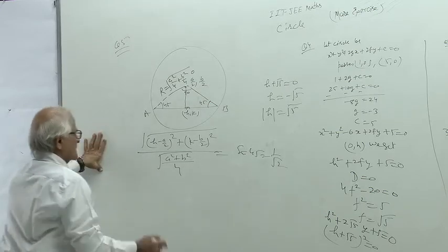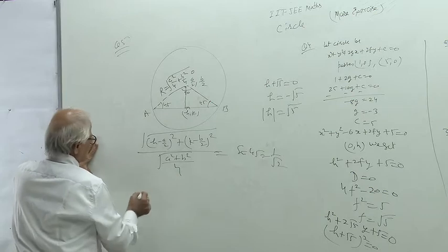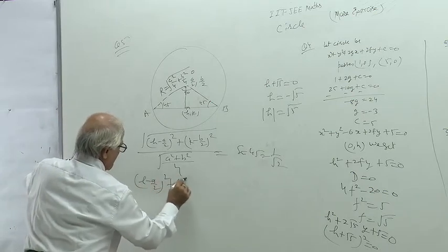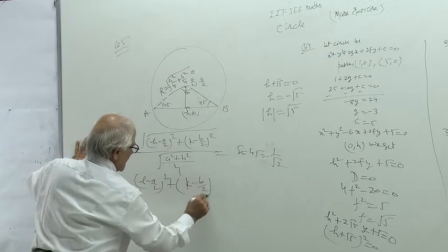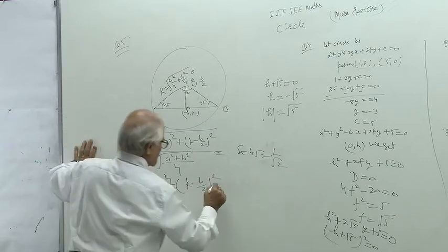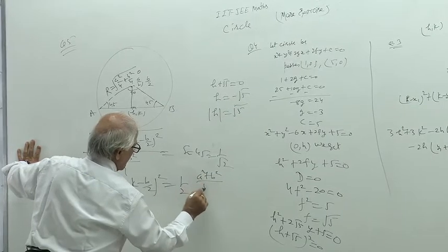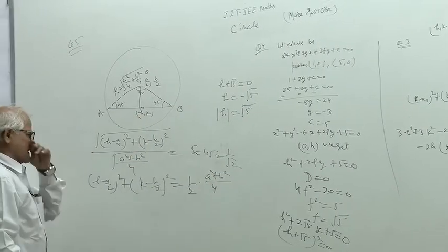Now we square both sides: (h minus a/2) whole squared plus (k minus b/2) whole squared equals 1 upon 2 times (a squared plus b squared)/4.